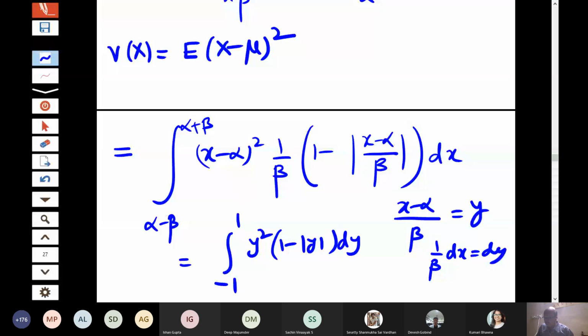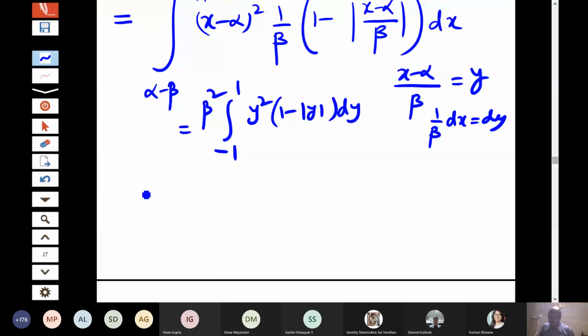Now you have put 1 by beta dx equal to dy, so this will go into the dy term, and (x minus alpha) square is beta square y square, so you will get this term. Now this is a very straightforward integral which you can easily evaluate, and you get the value as beta square by 6. So that is the variance of this distribution.